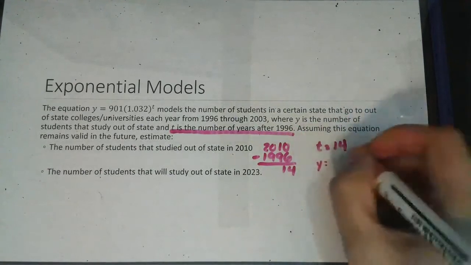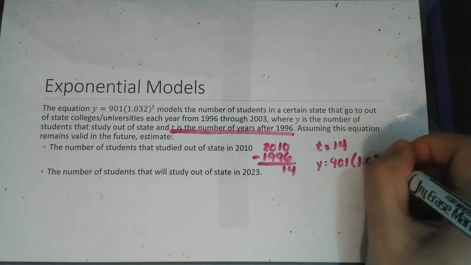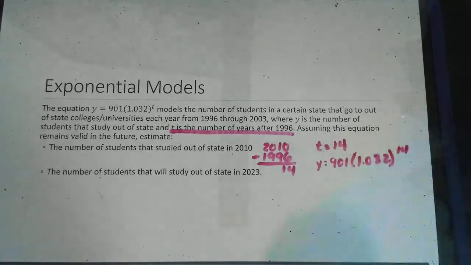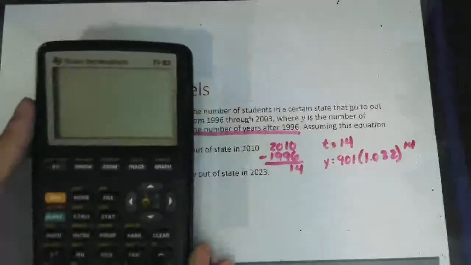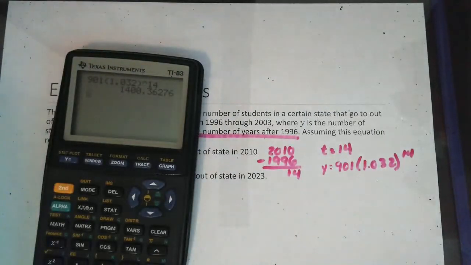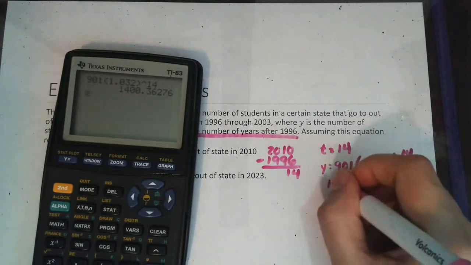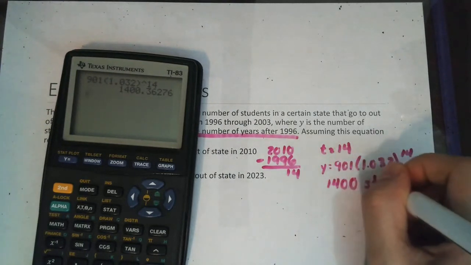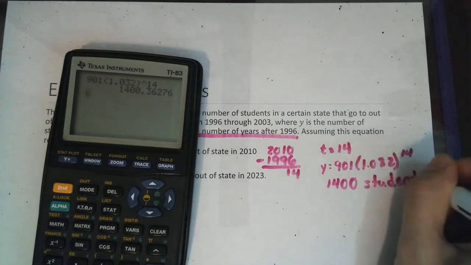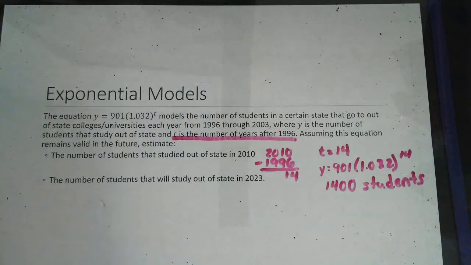So y is equal to 901 times 1.032 raised to the 14th power, and my calculator can help me with that. I'm going to round to the nearest person because that only makes sense. I'm getting 1,400, and that would be students. So in the year 2010, assuming this model is still valid, 1,400 students studied out of state.